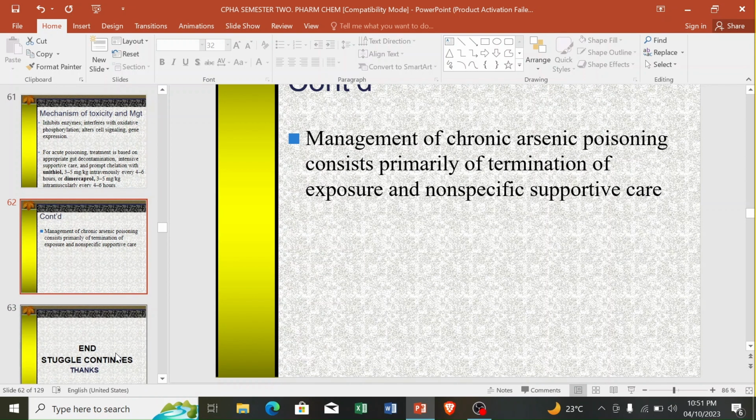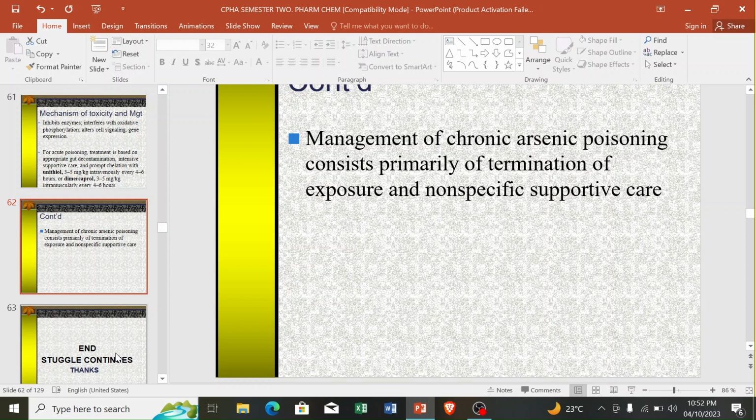So this is a continuation, and it brings us to the end of group 5 of the periodic table. Here we see that management of chronic arsenic poisoning consists primarily of termination of exposure and non-specific supportive care. Make sure that if the patient is taking water with a lot of arsenic in it, you stop the patient from taking that water.